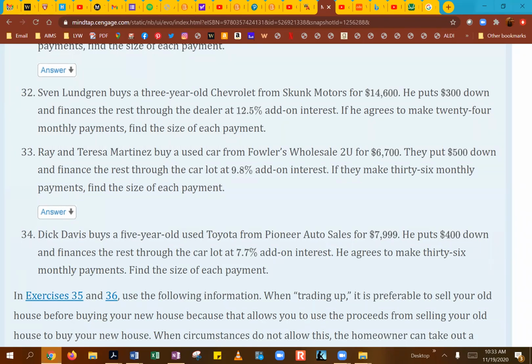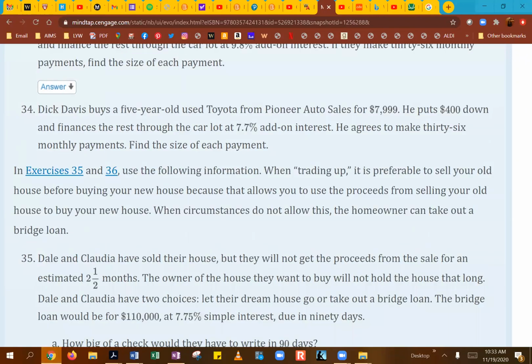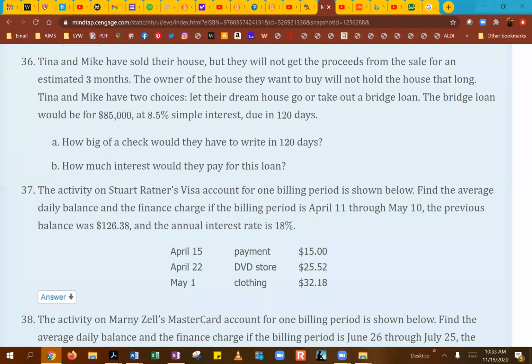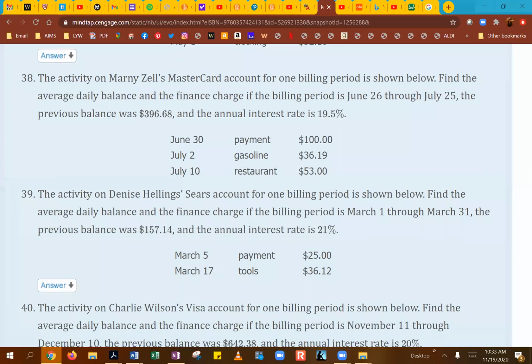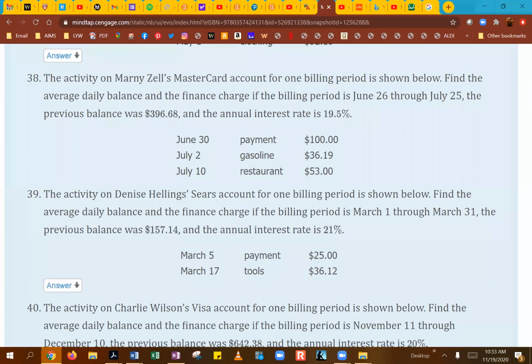All right, so let's take a look at this one here. Number 38. This is talking about the activity on Marnie Zell's MasterCard account for one billing period, shown below. Find the average daily balance and the finance charge if the billing period is from June 26th through July 25th.